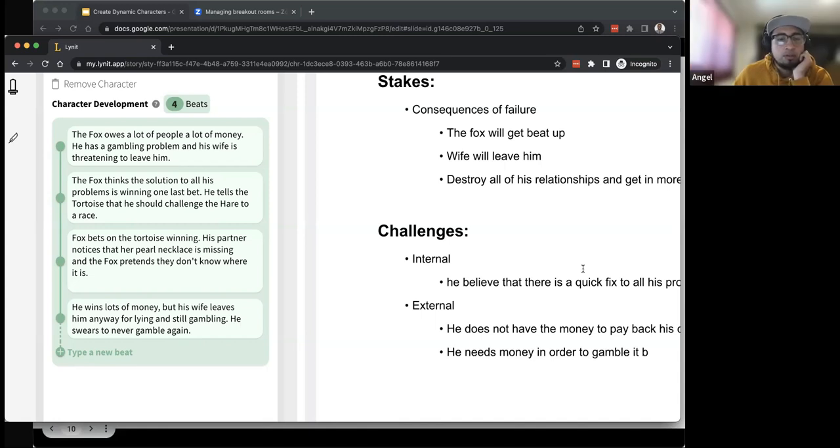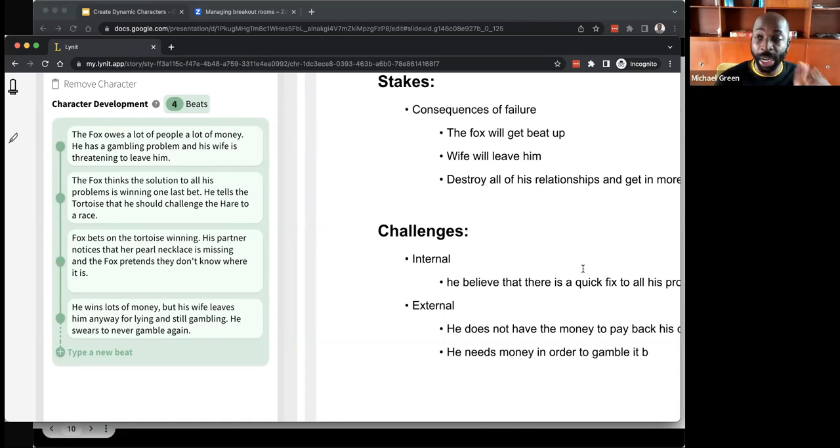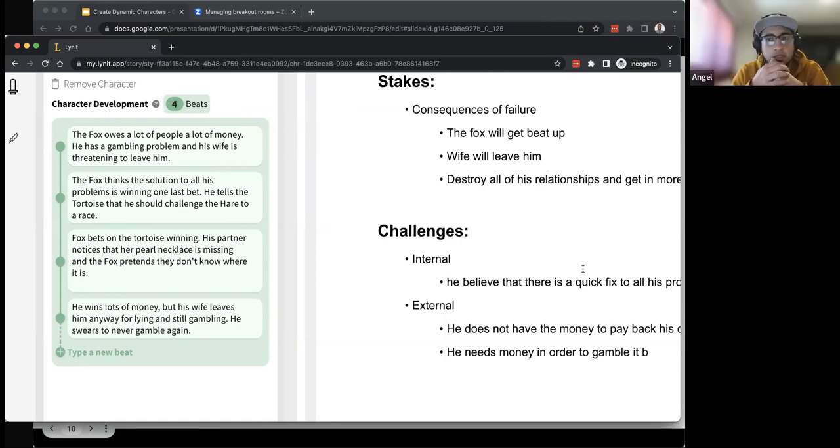Probably the part where the wife leaves him, and the part where he swears to never gamble again, and instead he gambles more because he has the money, and the wife decides to be with him or something like that. But he already thinks there's a quick fix to his problem.